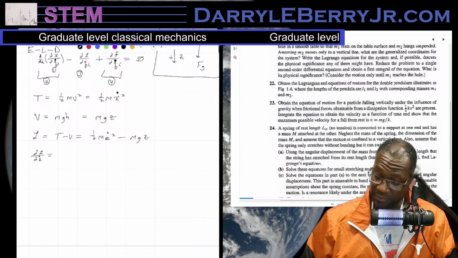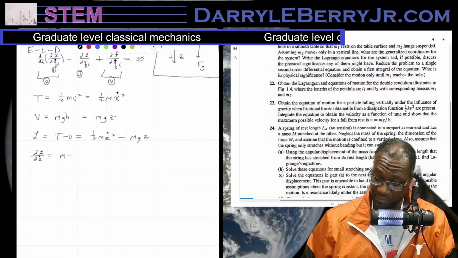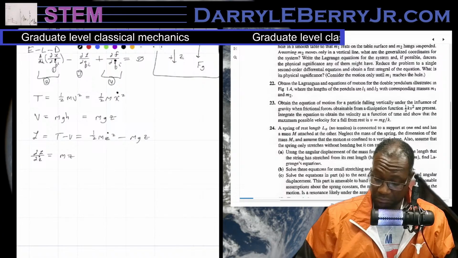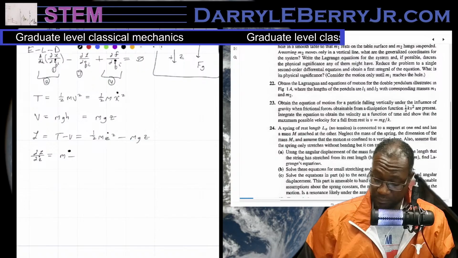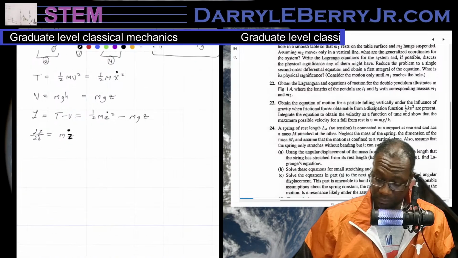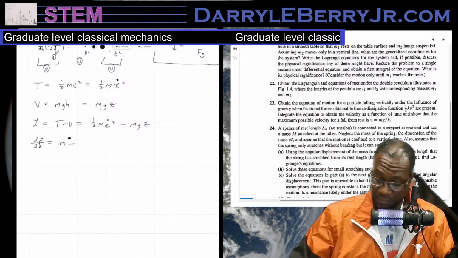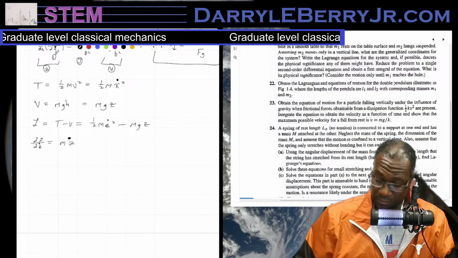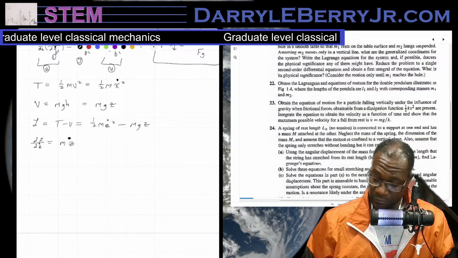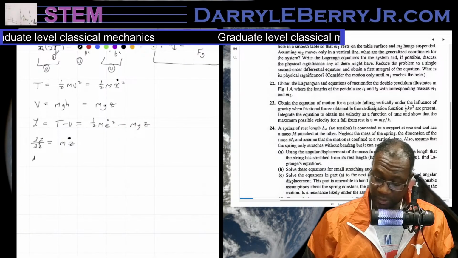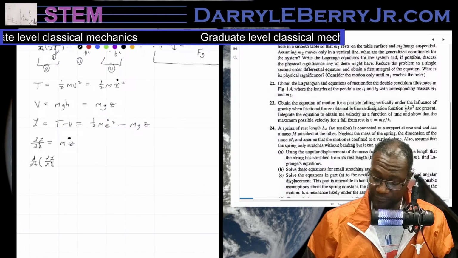So that equals m z dot. Easy enough. d/dt of partial L over partial z dot equals m z double dot.